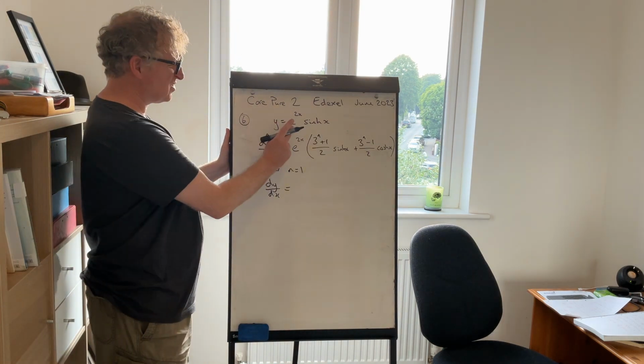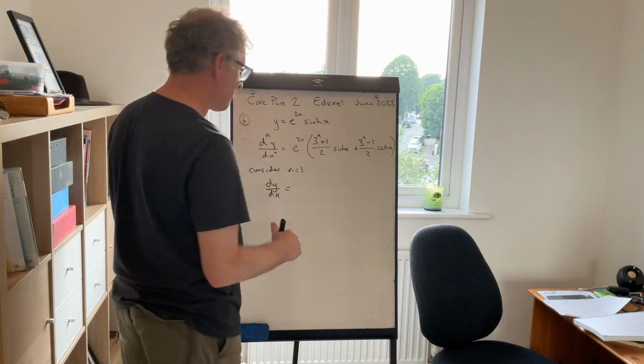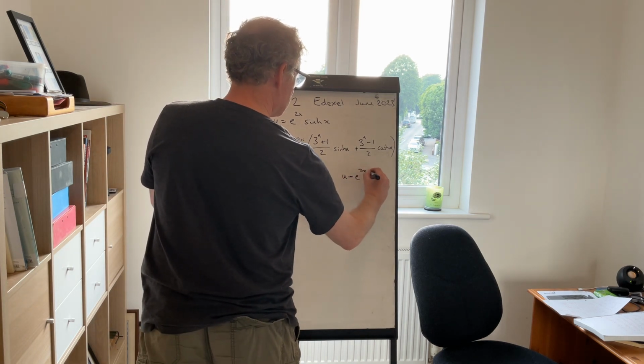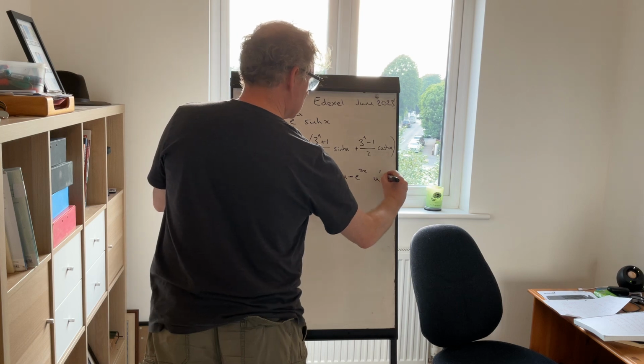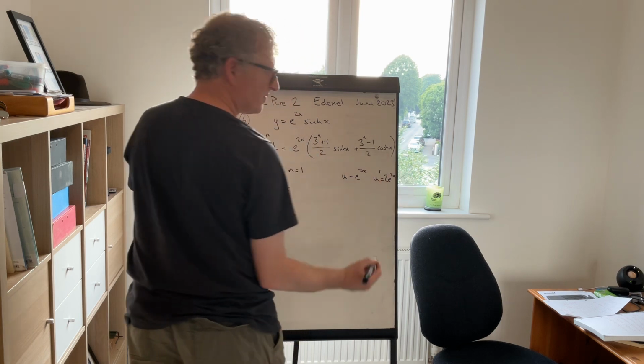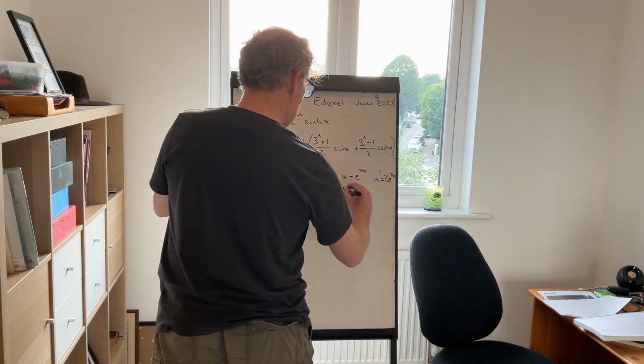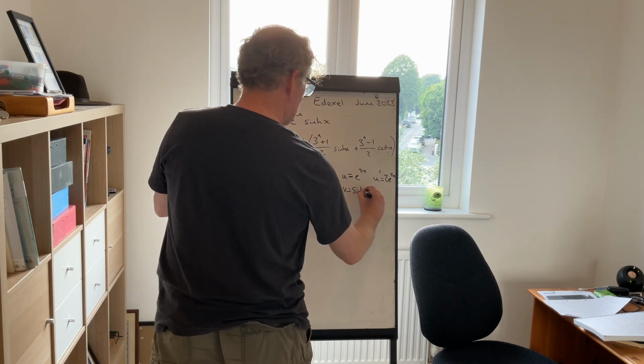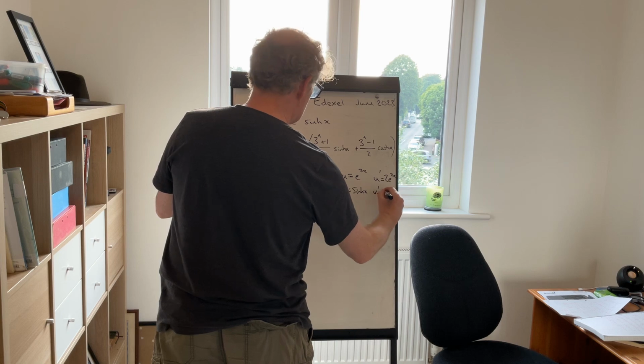Product rule, two things multiplied together. Looks like we're going to go product rule on this, so we might call our u e to the 2x, and when we differentiate that, u dash is going to be 2e to the 2x, nice and simple. And then our v is sine x, and hopefully we know that when we differentiate that, we just get cos x.